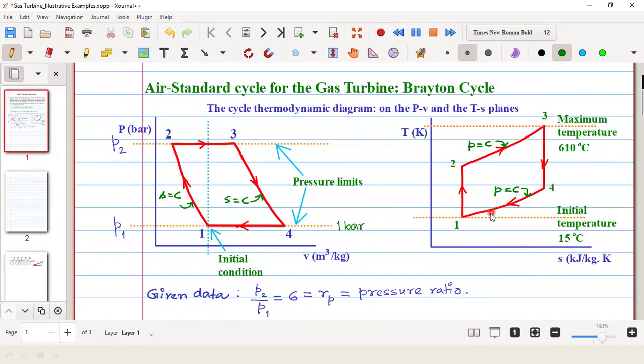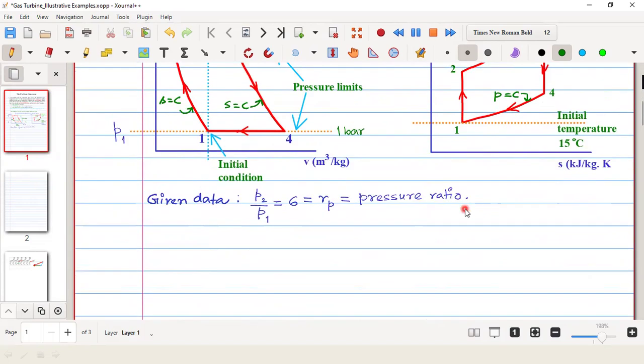Now we will simply note that the maximum cycle temperature is 610 degrees centigrade, and we have to convert this to Kelvin, because we will be using it in the equation of state and related things.